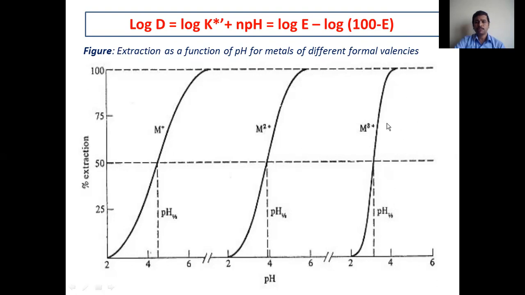If you look at the steeply rising values for percent extraction, it is rapid for trivalent ions compared to divalent, and divalent ions rise more rapidly than monovalent ions. Therefore, efficient percent extraction of trivalent ions can be made by monitoring the pH in a lower range.